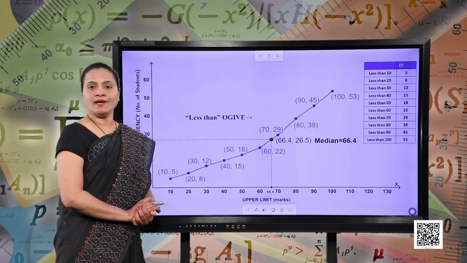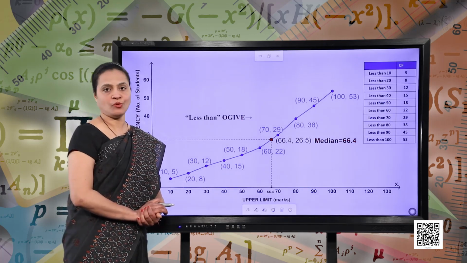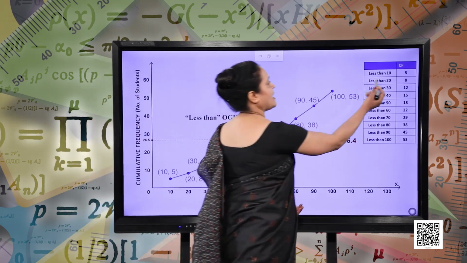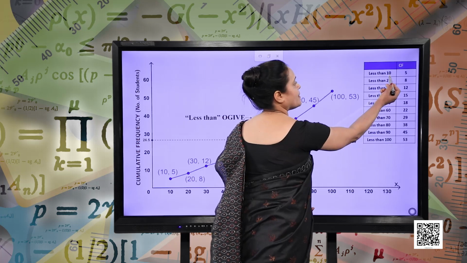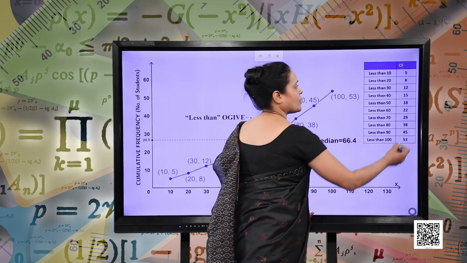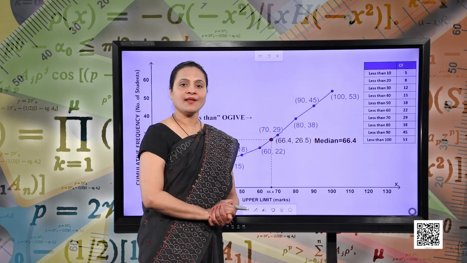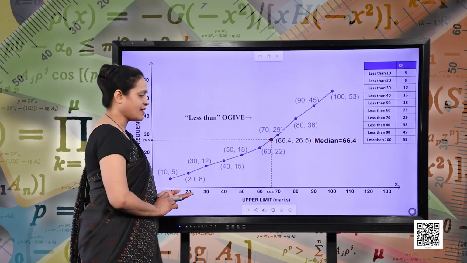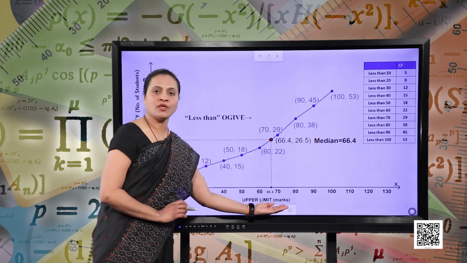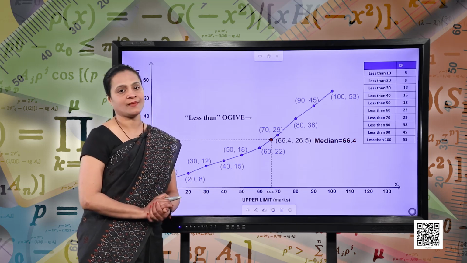So, to plot the ogive of this less than type cumulative frequency distribution, what we are going to do, I explained to you that we have taken the upper limit of each class interval, and these are the cumulative frequencies of that particular class interval. So, we are going to take on our graph paper along x axis the upper limit, which is in this case marks obtained by students.